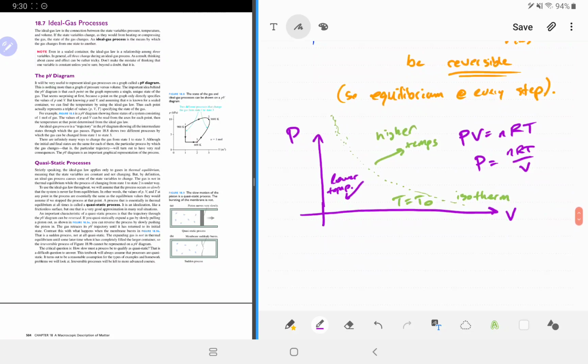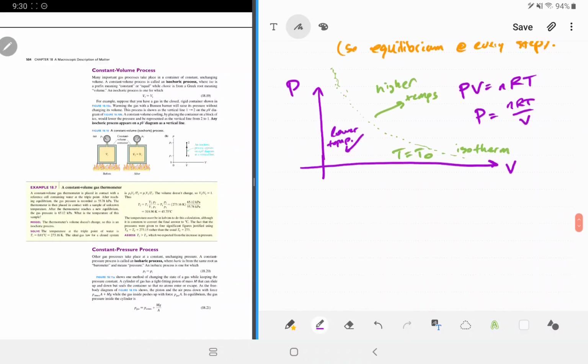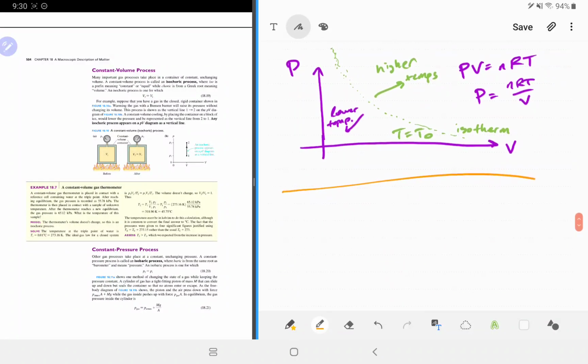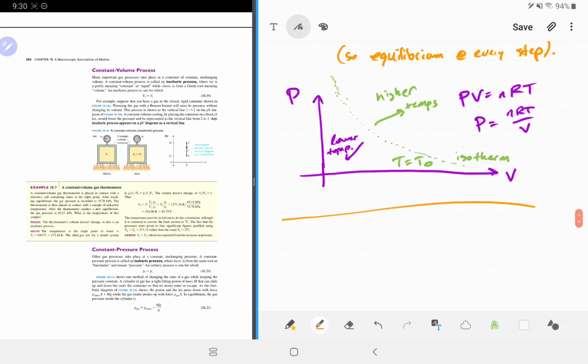Okay, so armed with those pieces of information, we can look at the three types of processes that have equations that nicely simplify, and also situations that arise in nature. Basically, the three processes are holding the various things constant.